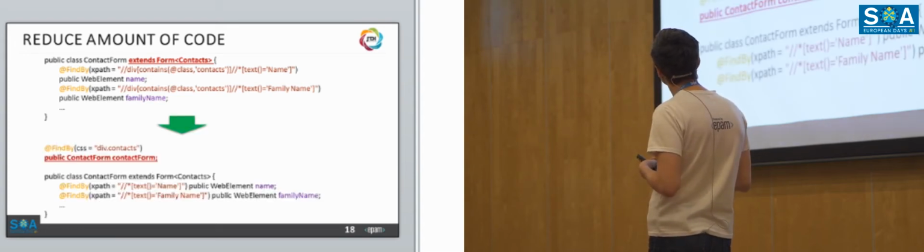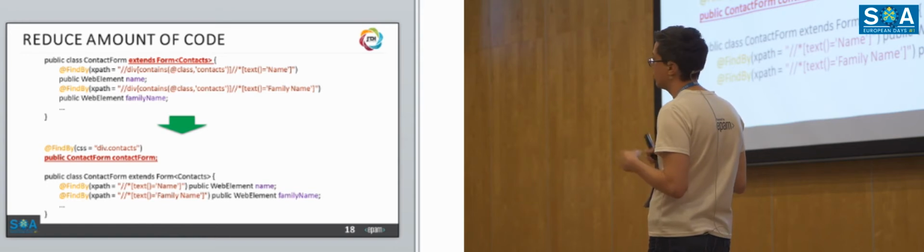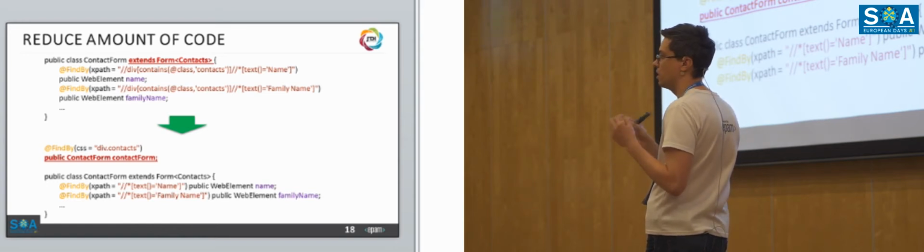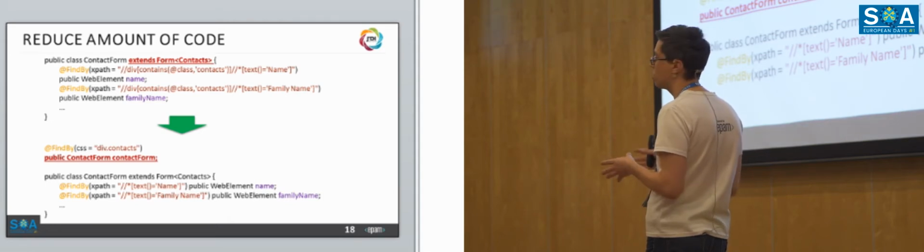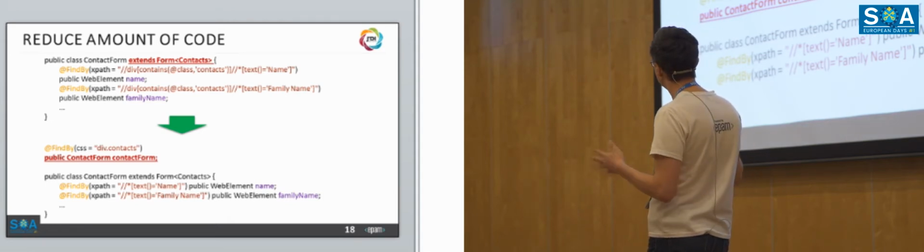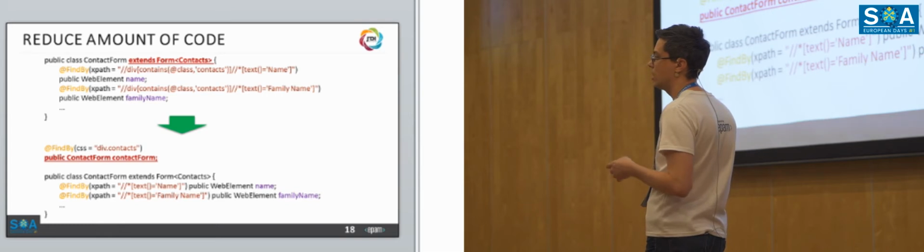Next part, we can simplify locators. If the locators have common part related to this section, as I already said, we can move it out and have the contact form on the element, and have the section where all locators are related or in context of this locator.